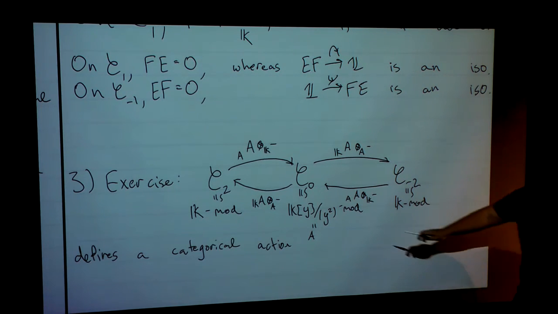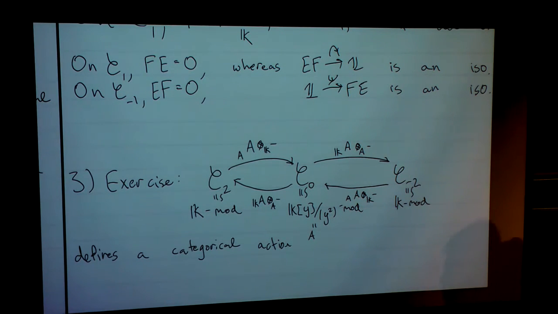Consider the algebra K[y] mod y squared. This is a two-dimensional algebra that showed up in one spot as the endomorphisms, the center of S2. And I want you to check as an exercise that there's a categorical SL2 action where C2 and C minus 2 are both copies of vector spaces over the base field, but C0 is modules over this algebra.